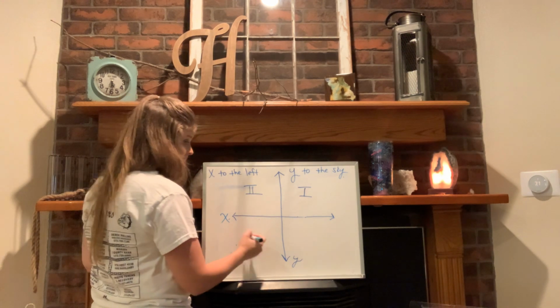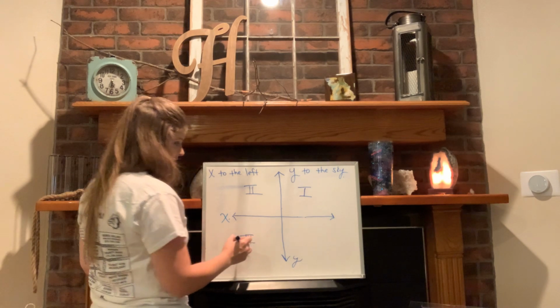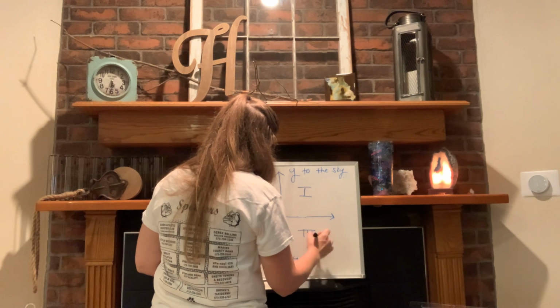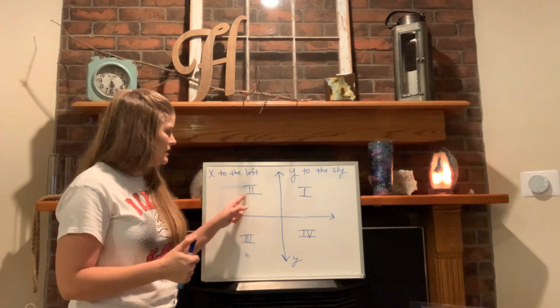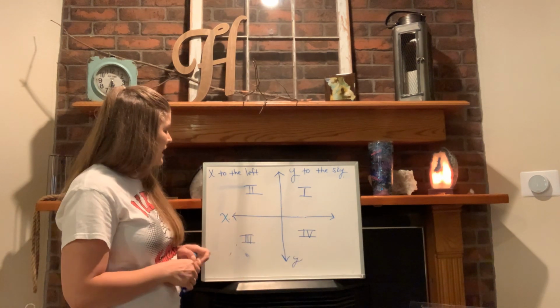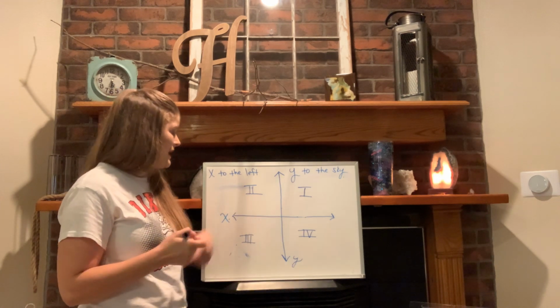The third is the bottom left. And the fourth is the bottom right. These are your quadrants. These are what we call Roman numerals, okay? This is basically the way that you indicate what quadrant they are.